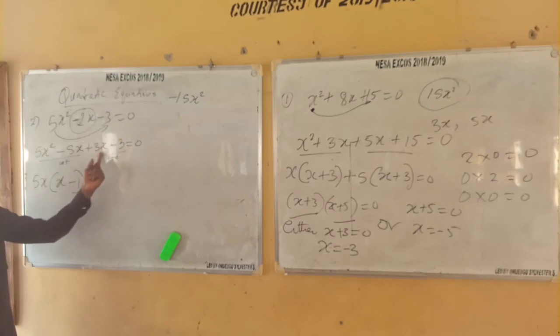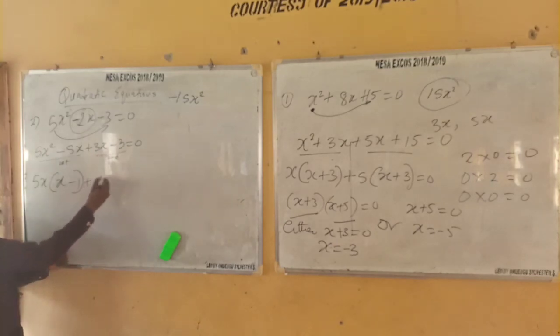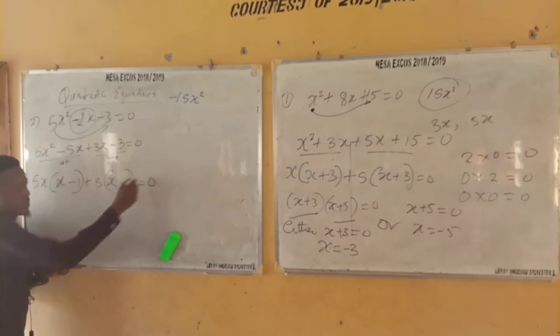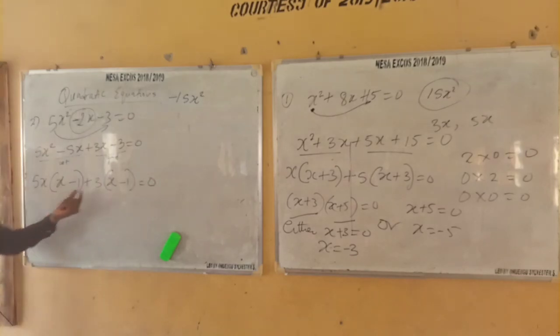Plus, the common factor here is 3. So you write 3, and 3x divided by 3 is x. 3 divided by 3 is 1. Equal to 0. You can see that the brackets are the same. If they are not the same, it means that something is wrong.